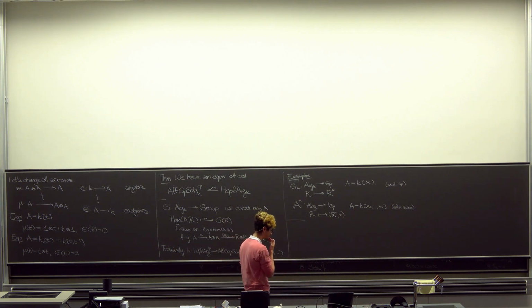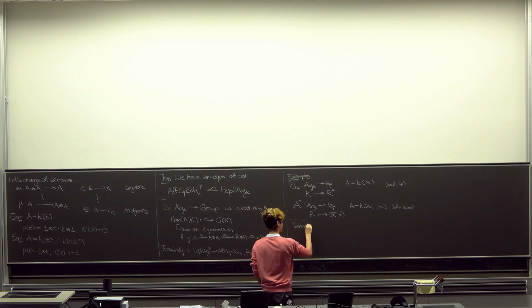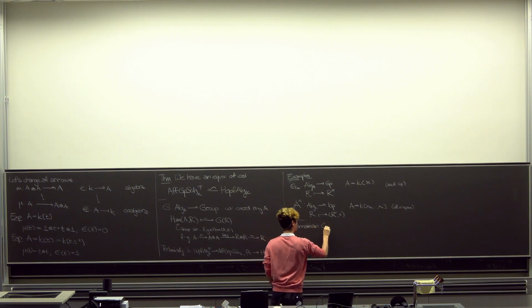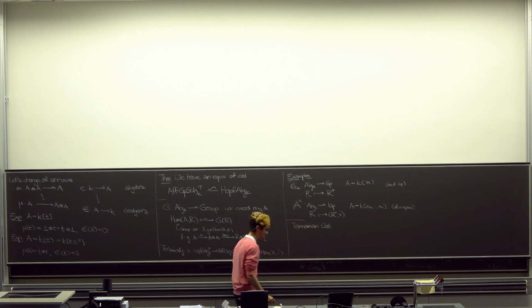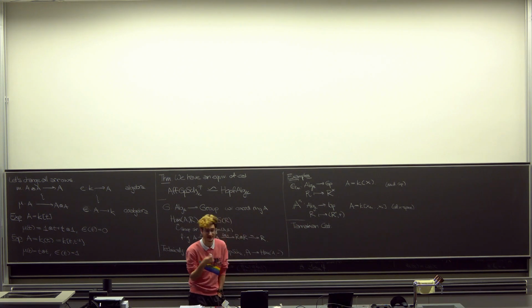That's something I want to quickly talk about. So I also have the notion of a so-called Tannakian category. A Tannakian category is a category that has some notion of tensor product and duals.